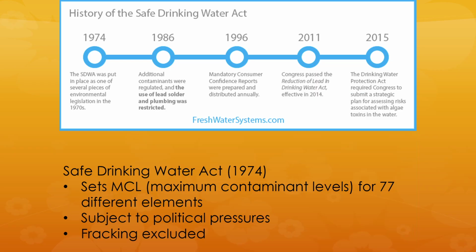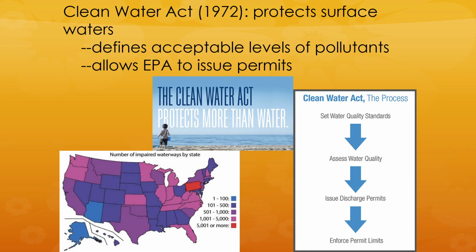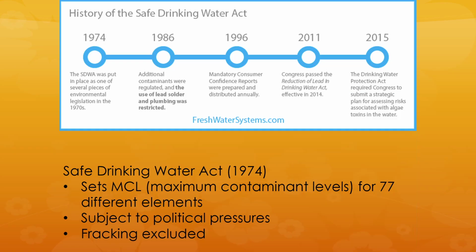As far as the history of the Safe Drinking Water Act, this is different than the Clean Water Act. The Safe Drinking Water Act is all about water that we drink, right? It was put in place as one of those things that happened in the 70s with a lot of environmental regulations and legislation that went into place. In 1986, they added more contaminants. Lead solder in plumbing was actually restricted.